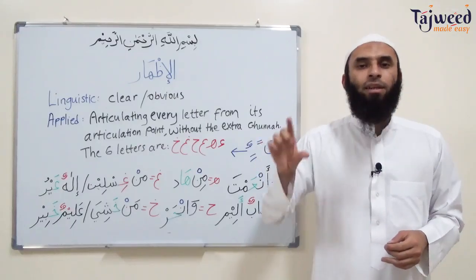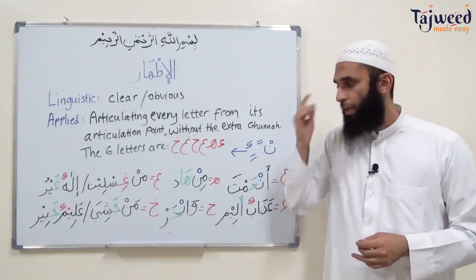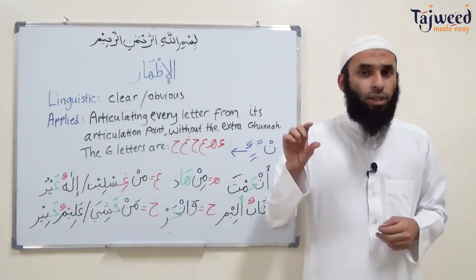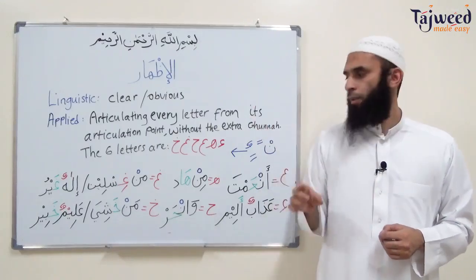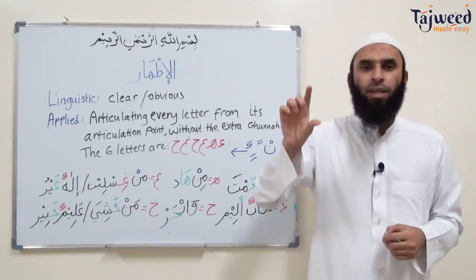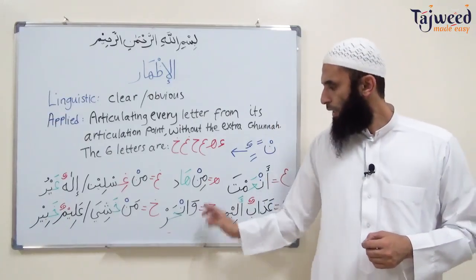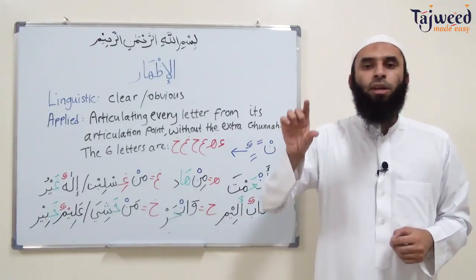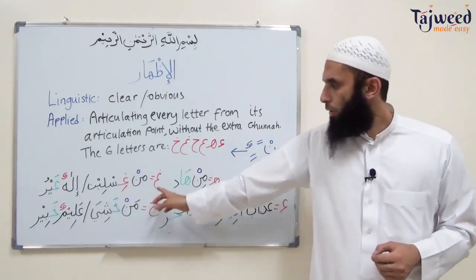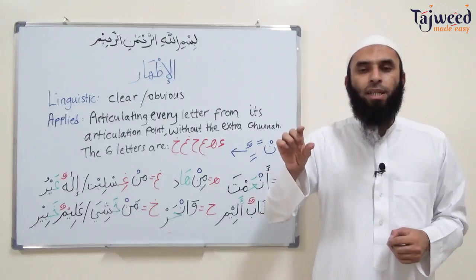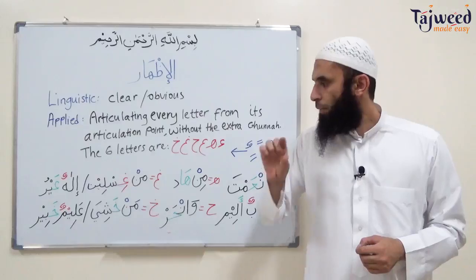Min had. We're saying the nun clearly. Min had. And just touch, then let go. We don't want to keep on holding. Just min had. Then ha again: wanhar. Then ghain: min ghislin.